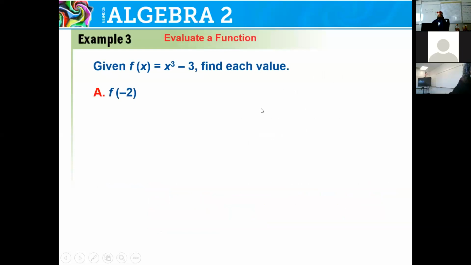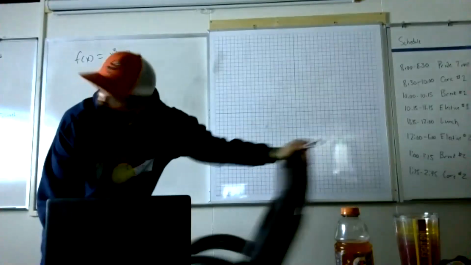This is function notation. Function notation is just a different way to express equations. So you have f of x, which is equal to x cubed minus 3.